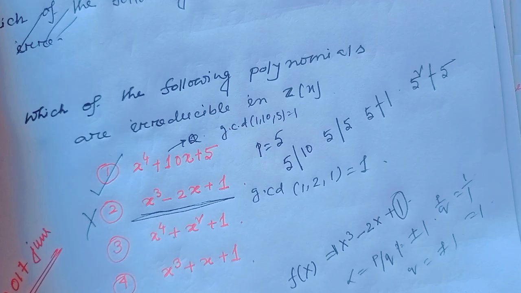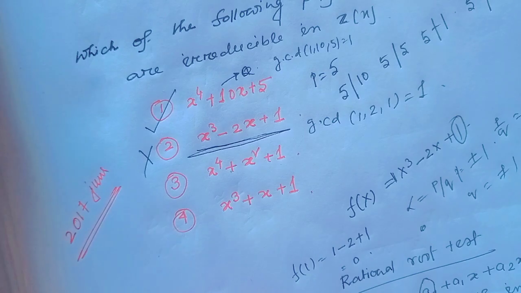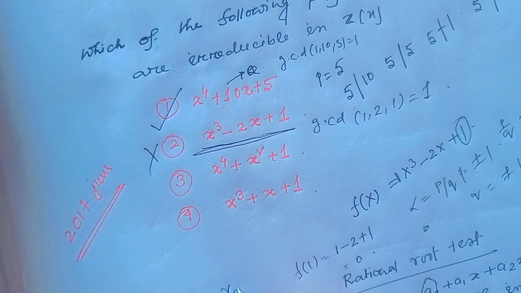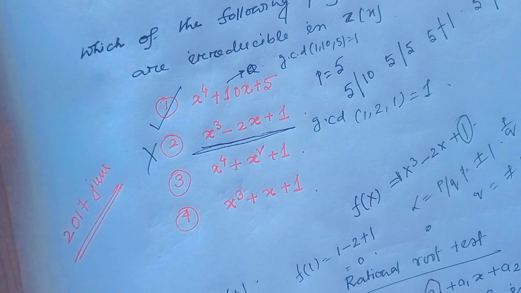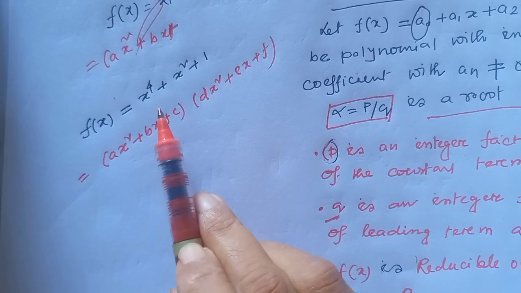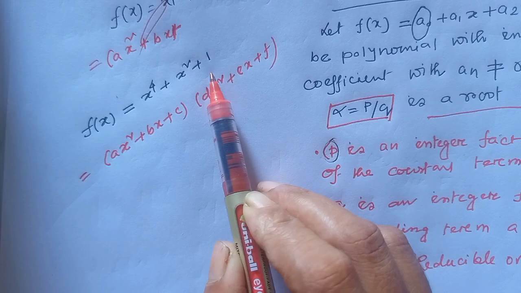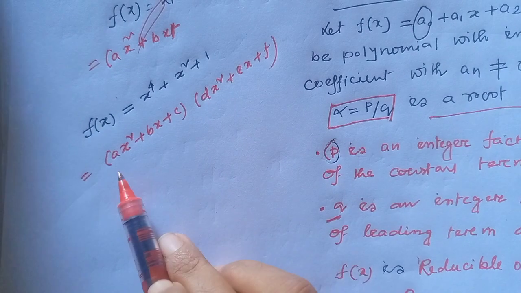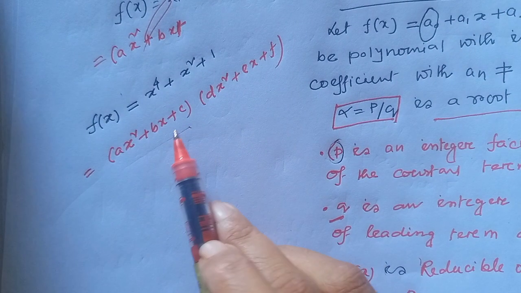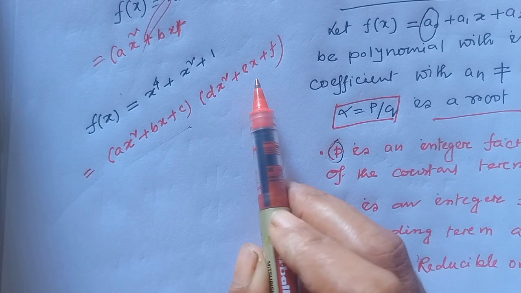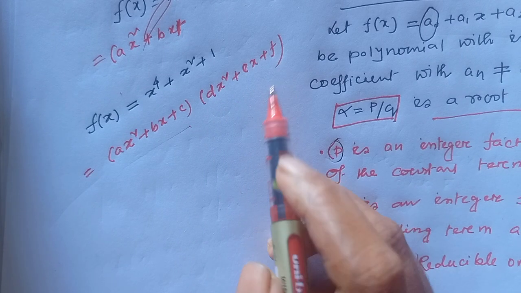And option 3, f(x) = x⁴ + x² + 1. Here this is a fourth degree polynomial, so we can write this polynomial as (ax² + bx + c)(dx² + ex + f).